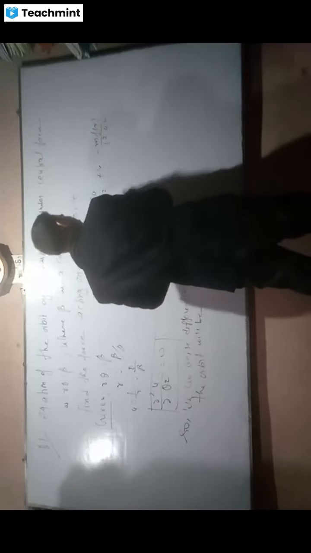Here put 0 plus u equals to minus m f r upon l square u square.